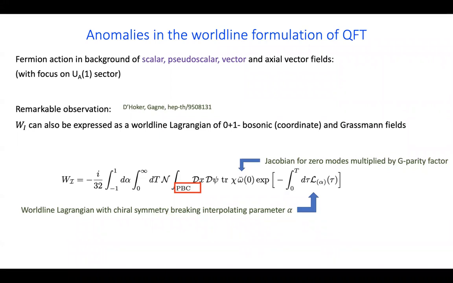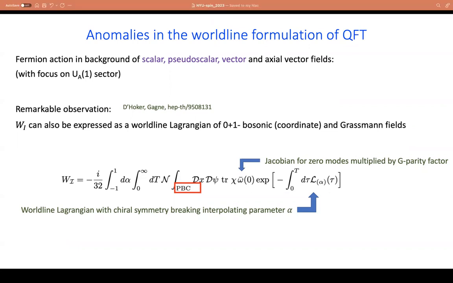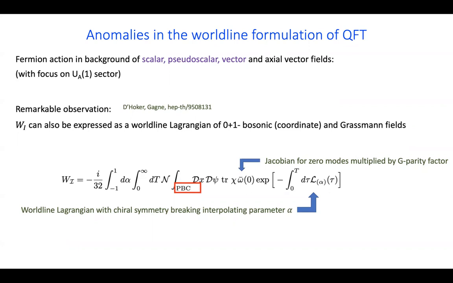So it's essential to do this in order to get a regularized expression for this imaginary part. And then, in addition, both these bosonic and fermionic fields have periodic boundary conditions, and there's a non-trivial Jacobian, and that's just the Jacobian for zero modes.